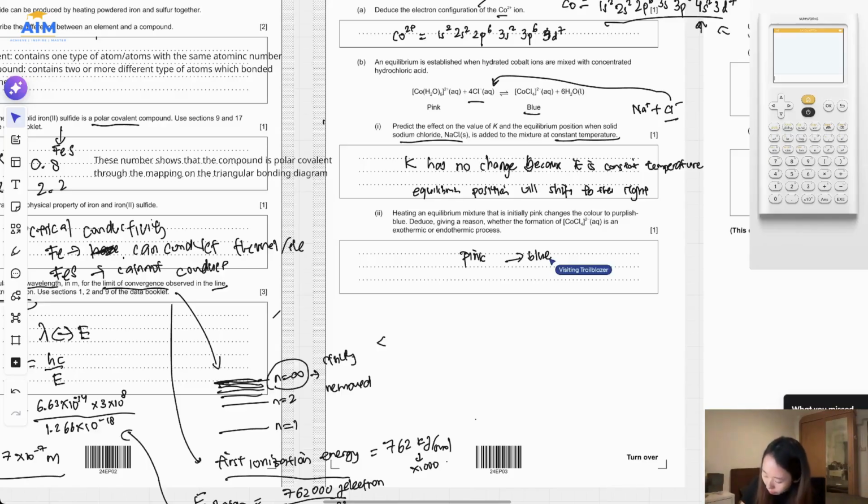When you heat it up, you are increasing the temperature. To balance this, you are going to absorb the energy so that the heat will be reduced. Absorbing energy is endothermic. So you want to absorb the heat, and absorbing heat is an endothermic process.